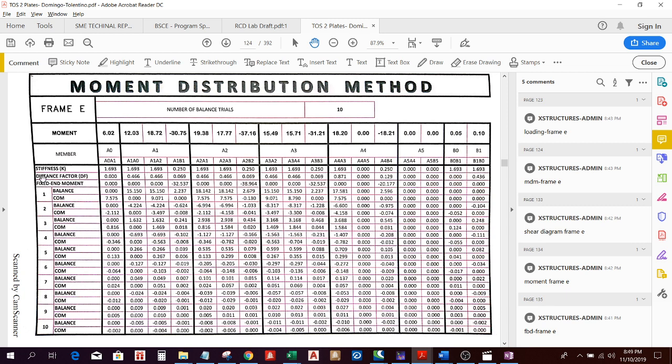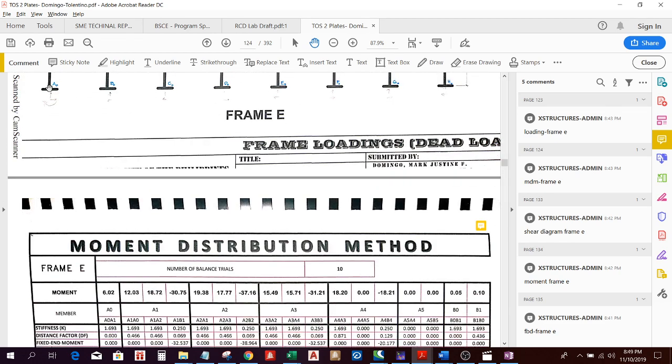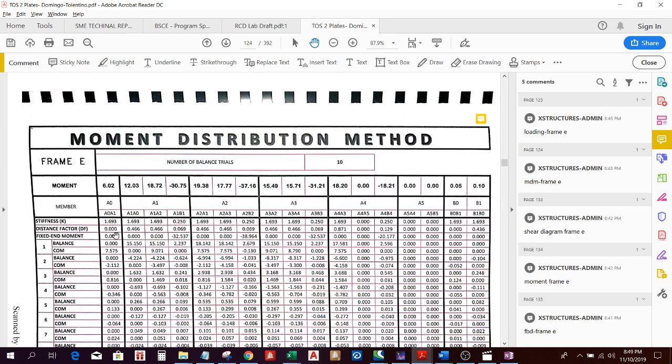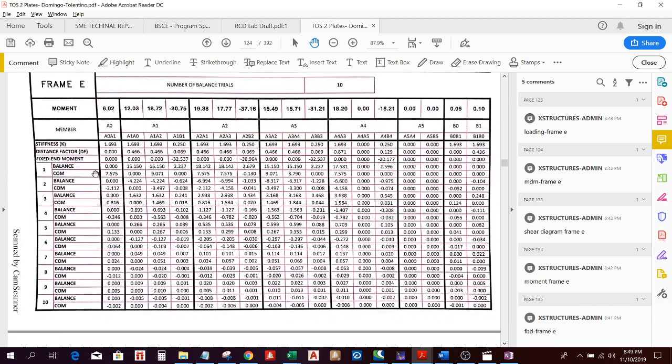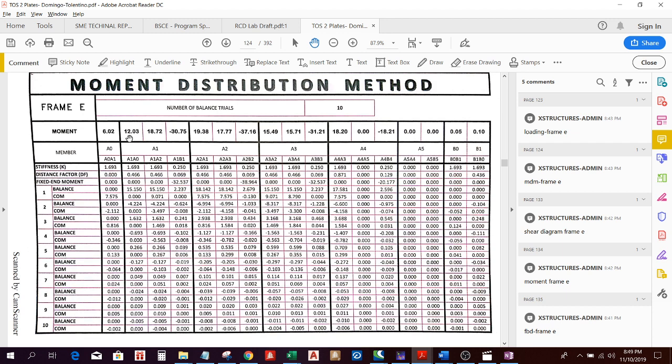By the way, this should be distribution factor 0 because it's fixed end support. Then you have a corresponding fixed end moment and the balancing and the carryover moment at 10 iterations. When you sum this up, you will come up with a moment of 6.02 here, while A1 going to A naught or downwards, it's 12.03. So that's what you get in the spreadsheet.